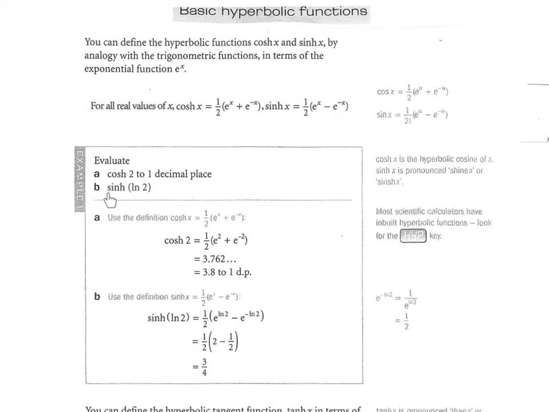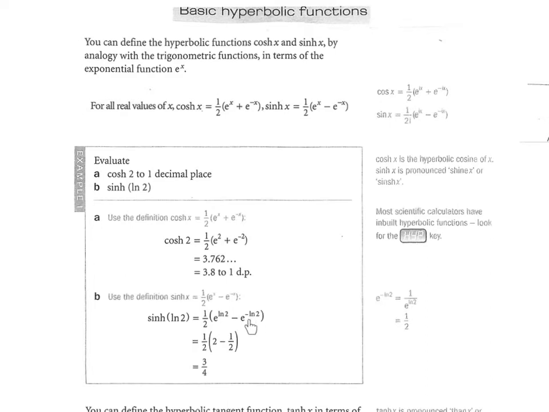Or something a bit trickier: sinh of log 2. We'll see quite a few questions like this. Sinh x is equal to a half of e to the x minus e to the minus x. So sinh of log 2 is equal to a half of e to the log 2 minus e to the minus log 2. Well, e to the log 2 is just 2.